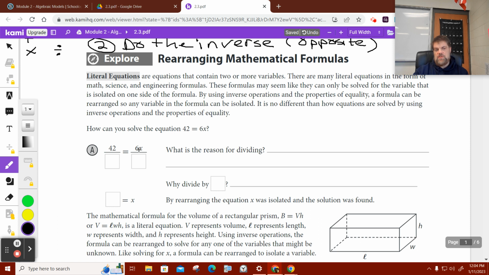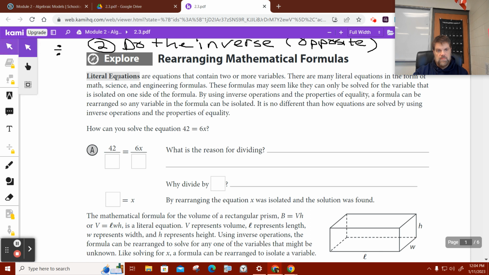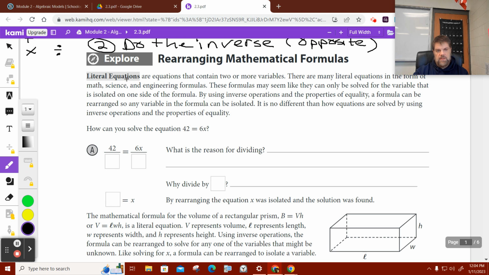So let's look at A. Let me read this to you. It says literal equations are equations that contain two or more variables. There are many literal equations in the form of math, science, engineering formulas.